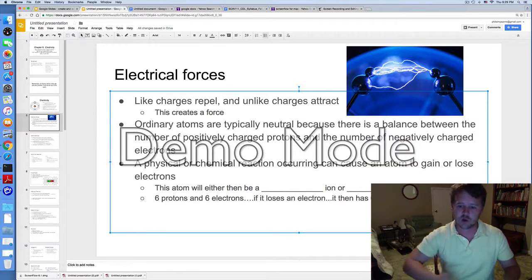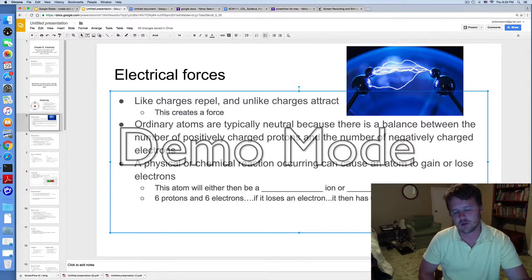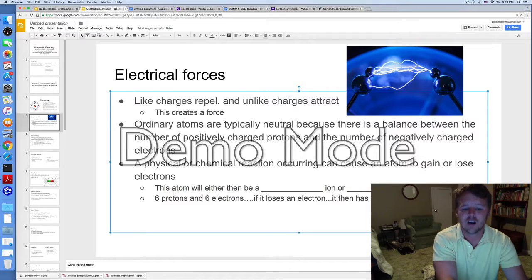So it has more protons, and protons are positive. So it's a plus 1 charge, plus 1 meaning positive. So it would then be classified as a positive ion.